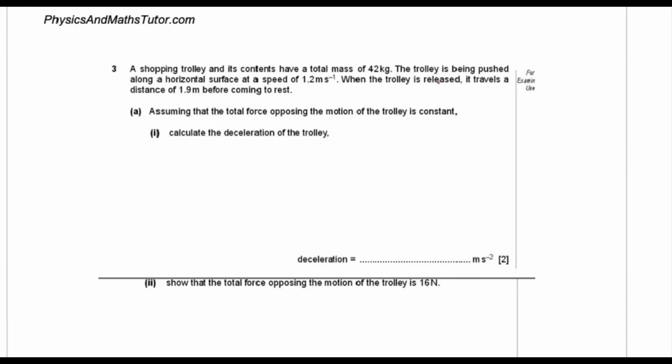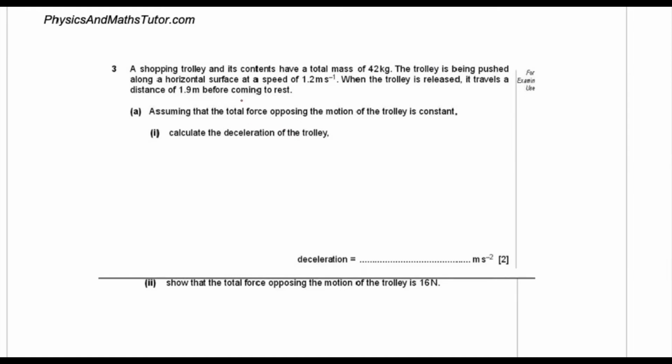When the trolley is released, it travels a distance of 1.9 meters before coming to rest. Assuming that the total force opposing the motion of the trolley is constant, calculate the deceleration of the trolley.